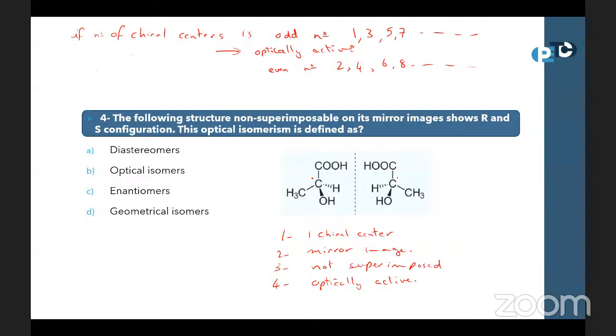If the upper part and lower part are mirror images of each other, so you should bend the compound over itself. If the upper part and lower part are mirror images of each other, then it is not optically active, or we call it optically inactive. Like the following, here we have tartaric acid.